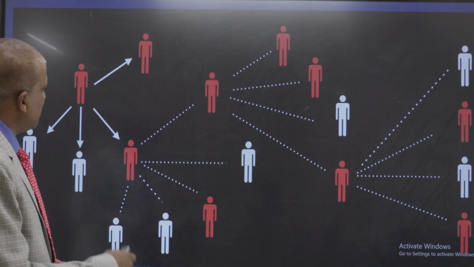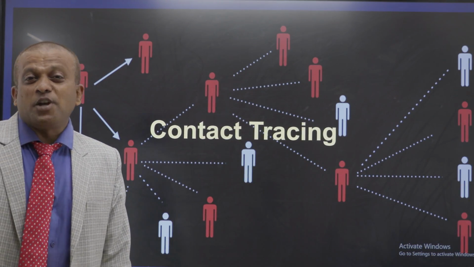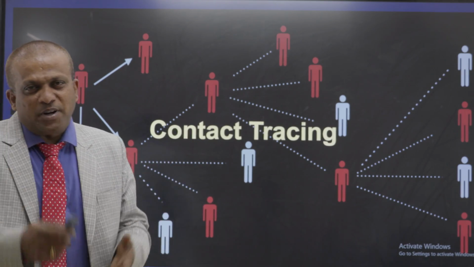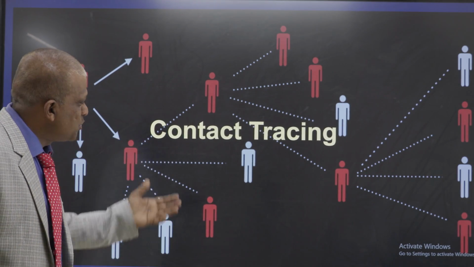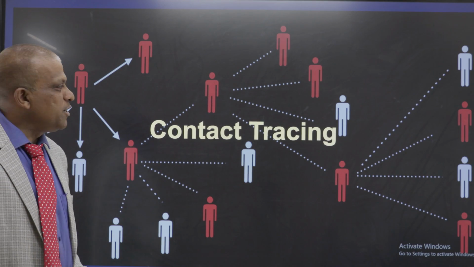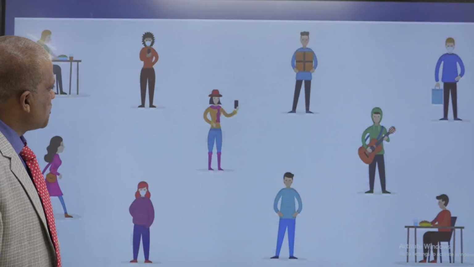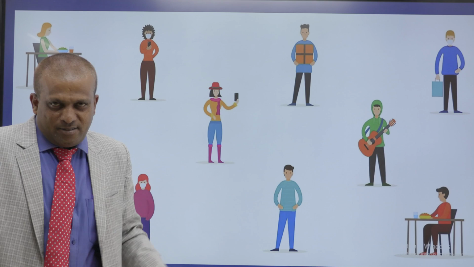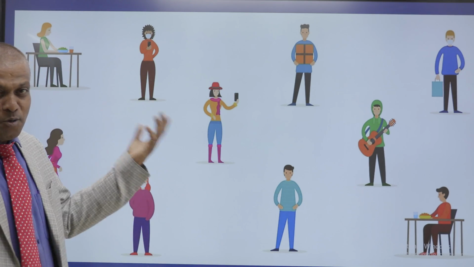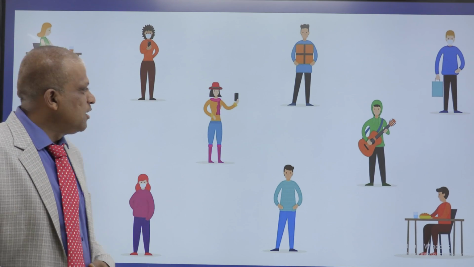The next word is very interesting, contact tracing. When this virus is spreading, people trace it. That is a beautiful word to know. The next one is also very interesting, social distancing. The Prime Minister announced it on television.